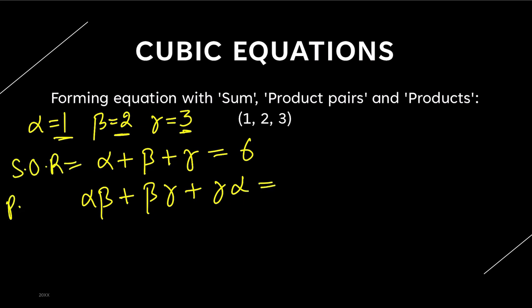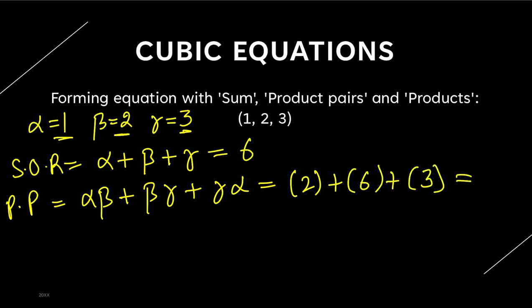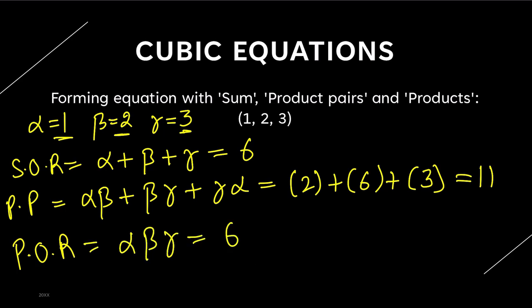This is the product pair, equal to 1 into 2 plus 2 into 3 plus 3 into 1. This is 11. Then finally we have the product of roots. Product of roots is alpha beta gamma, which is 3 into 2 into 1, 6. I hope this is clear.